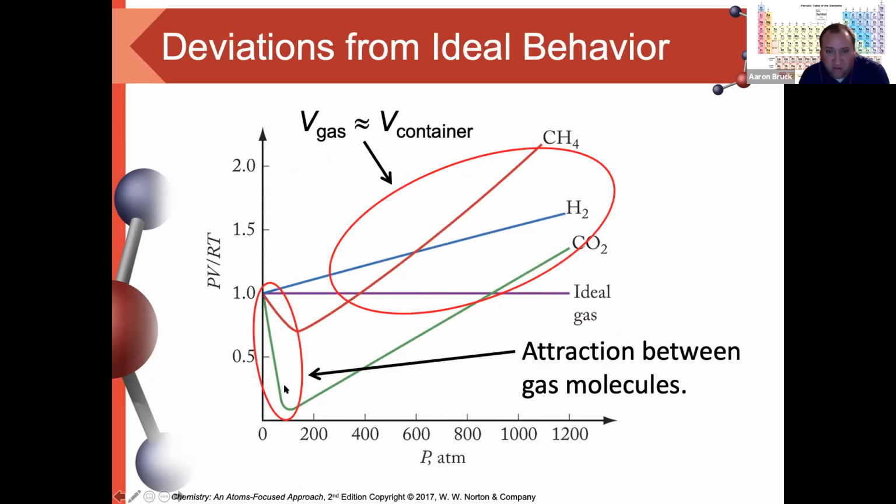We don't see significant deviations on one side until we start to hit 100 atmospheres or so. And then the deviations on volume of gas molecules really start to take aim in the 400 to 800 atmosphere range. So unless you're working, like I said, at really high pressures, this is kind of a non-starter.